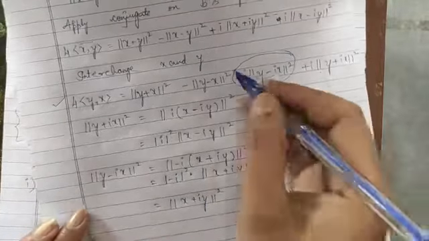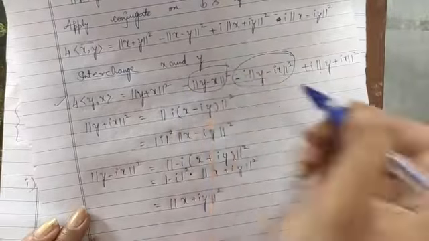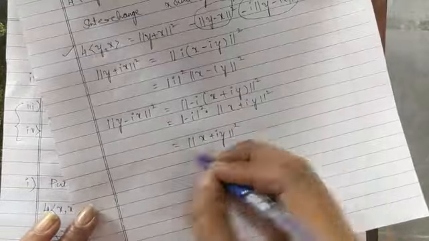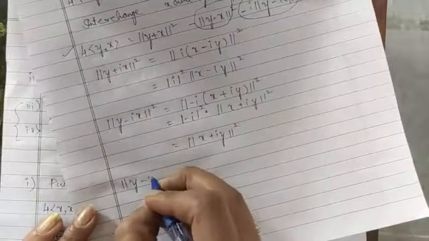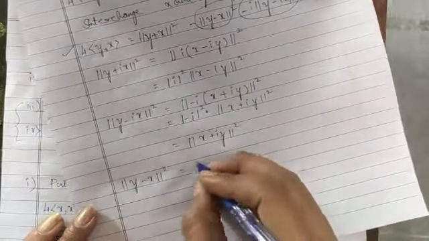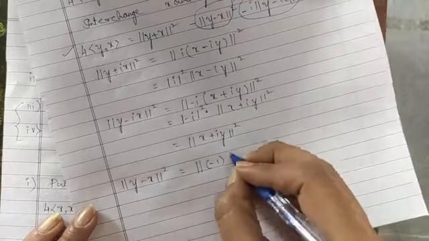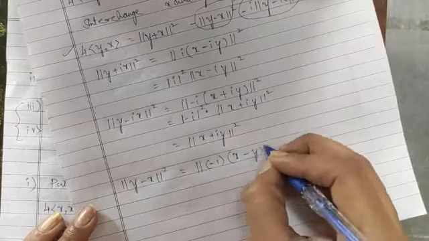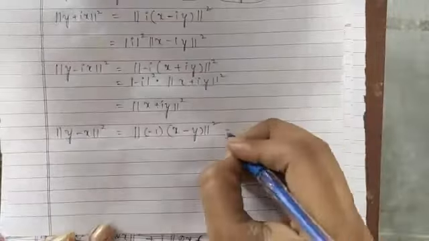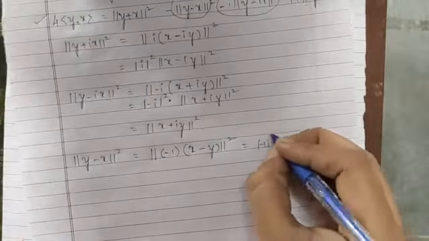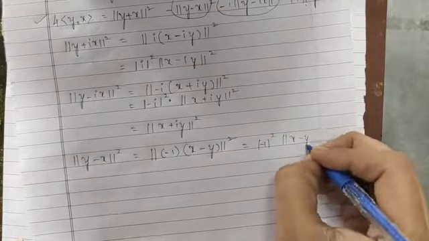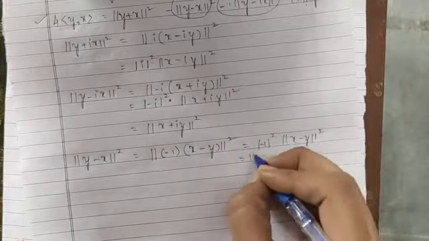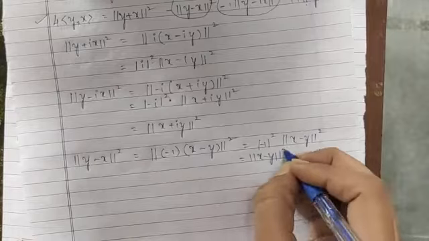Now we have to find out what is norm y minus x whole square. So norm y minus x whole square is equal to, I can write this as minus 1 into x minus y whole square. So again this is nothing but minus 1 whole square into norm x minus y whole square. So you will get norm x minus y whole square.